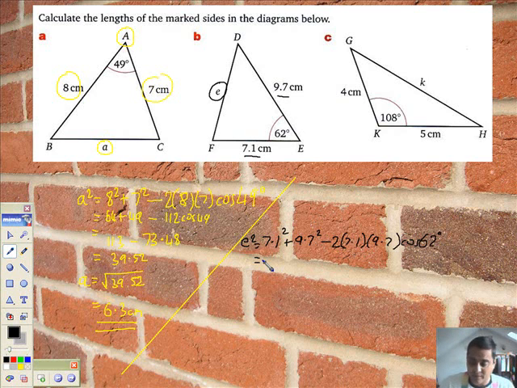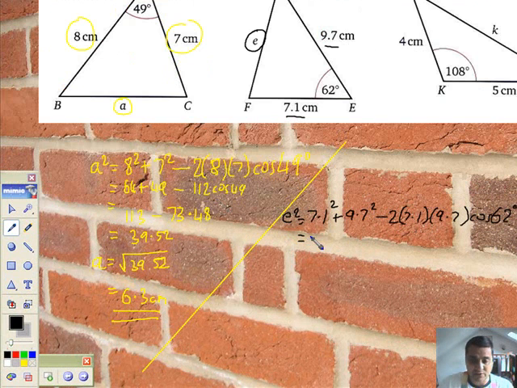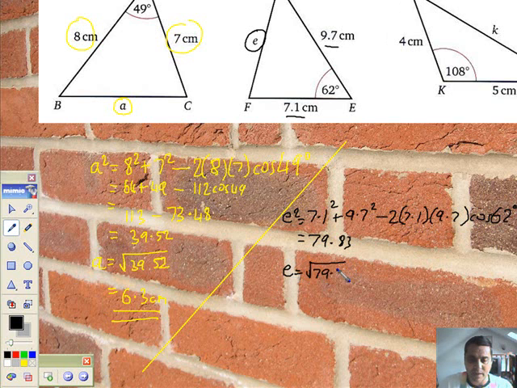Bang. Well, I've got an answer of 79.83. So E on its own is the square root of 79.83, and that's going to give me an answer in a second. So I've got 8.9.